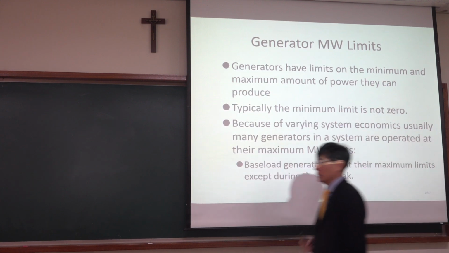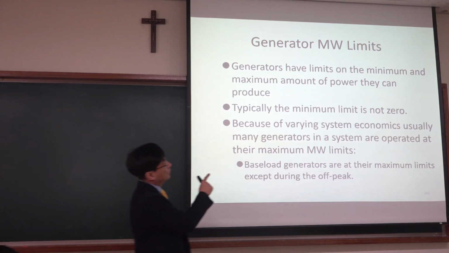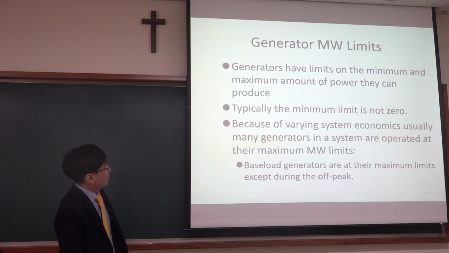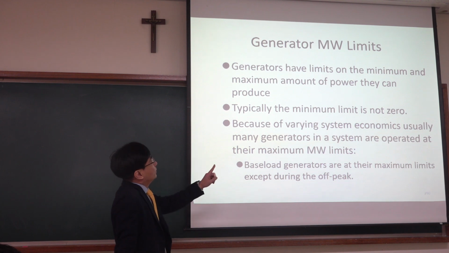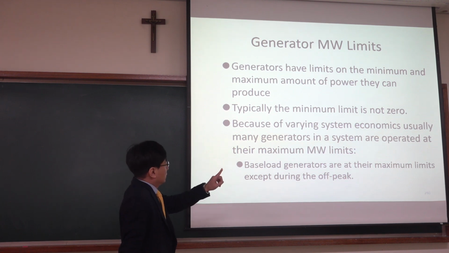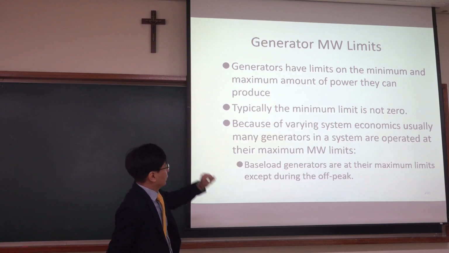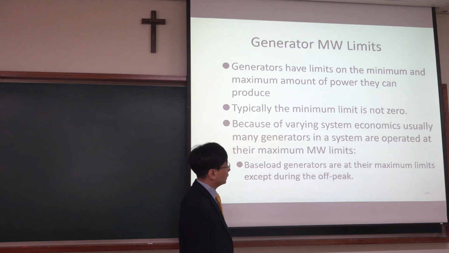Okay, that's the next topic: generator megawatt limits. Generators have limits on the minimum and maximum amount of power they can produce, and typically the minimum limit is not 0. Because of varying system economics, usually many generators in a system operate at their maximum megawatt limits.